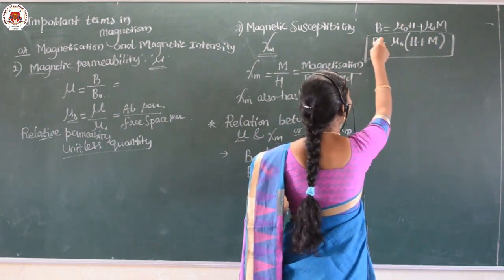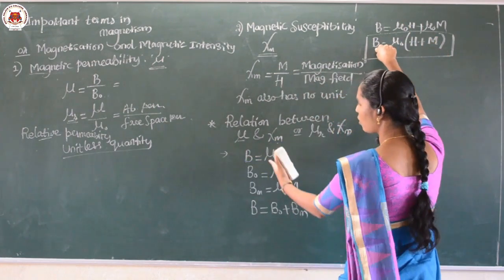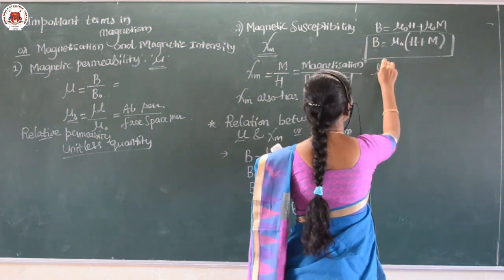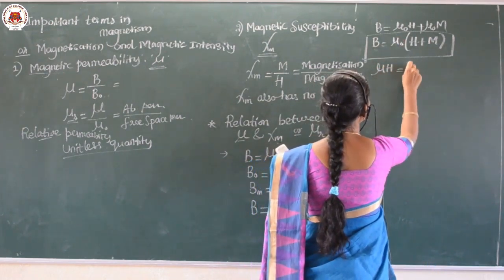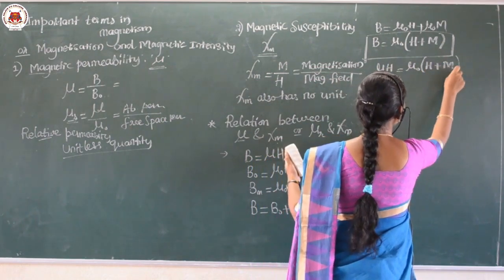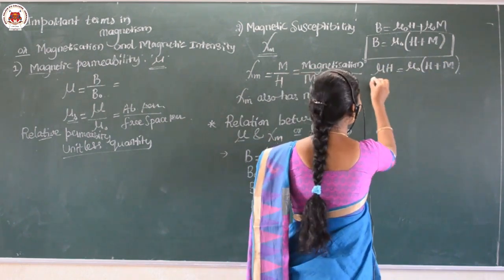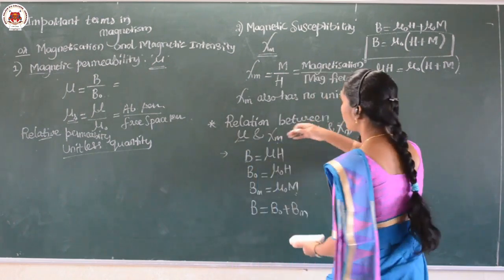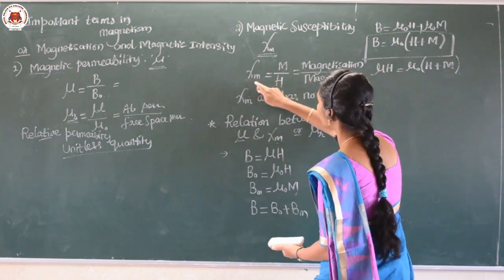Then further, substitute B equal to mu H equal to mu naught into H plus M.